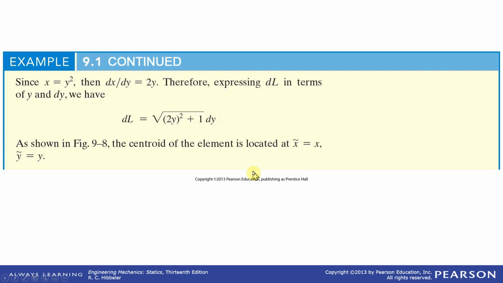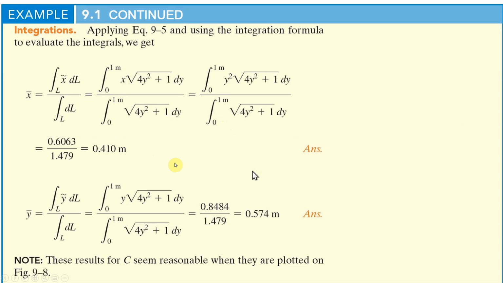And then we can get the location of the centroid. This x tilde is just the variable of integration. We're going to be integrating over the line the x coordinate at that location times dl. We've already expressed dl in terms of dy.